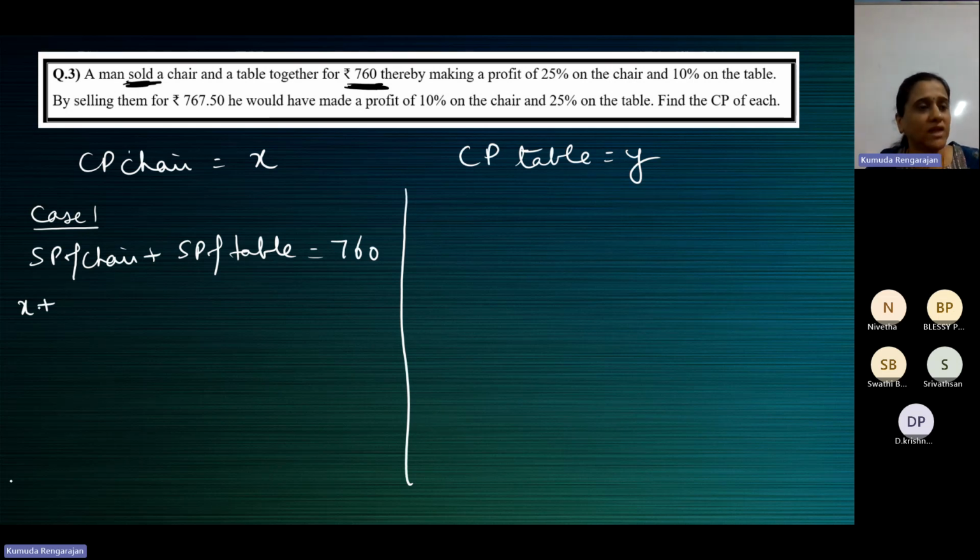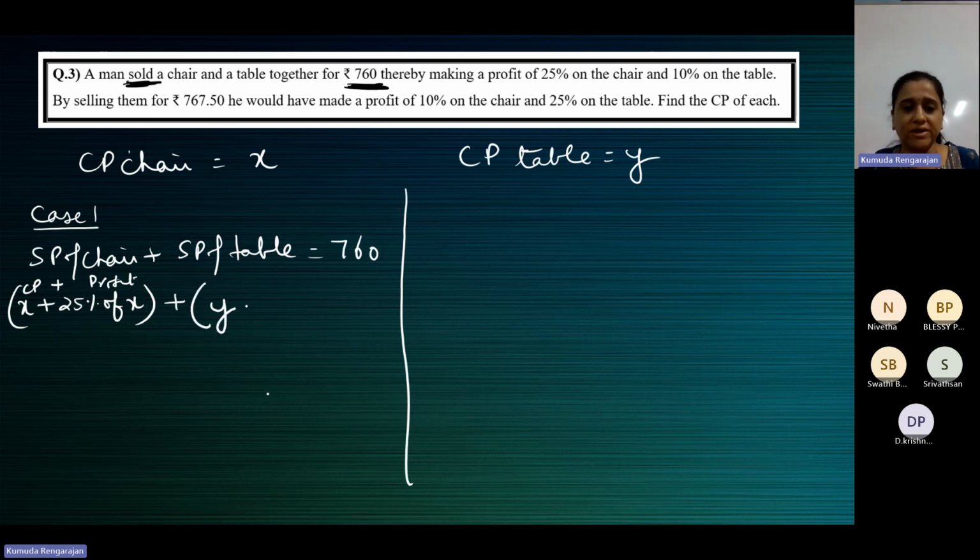Profit is always that percentage of the CP. 25% of X. Both profit and loss are calculated on the cost price. So X is the CP of the chair plus the profit, 25% of X. This is the selling price for the chair, CP plus profit, plus table.